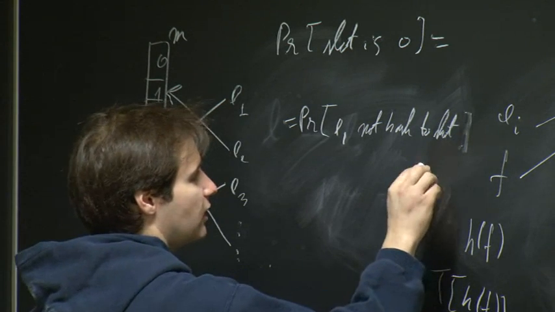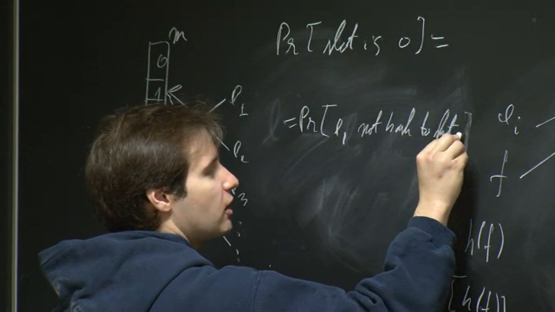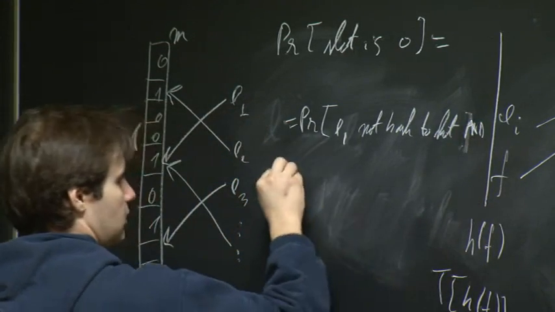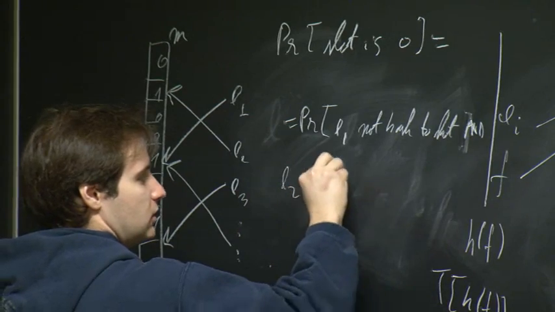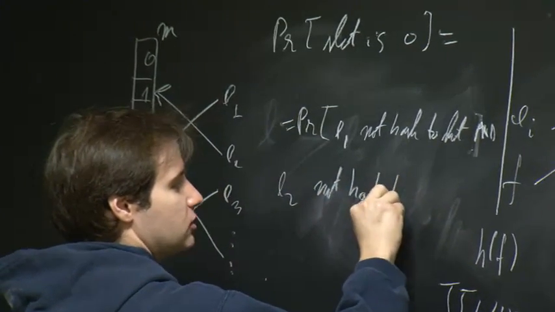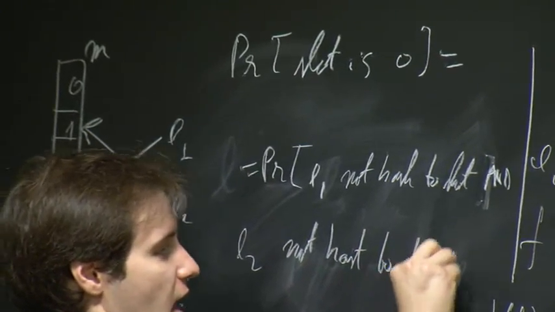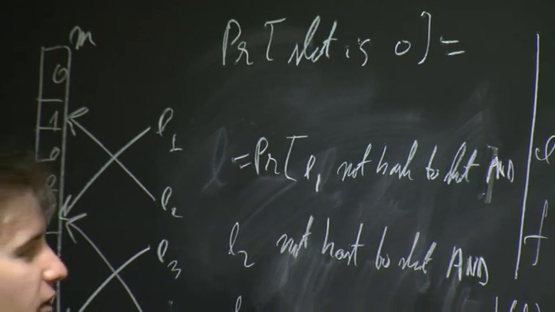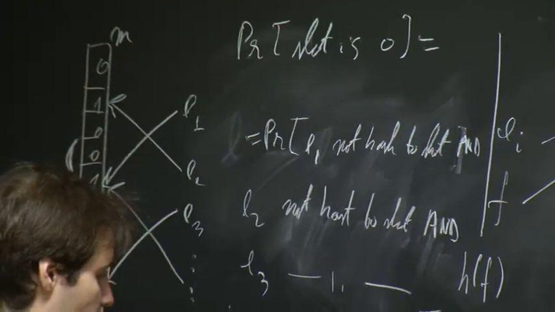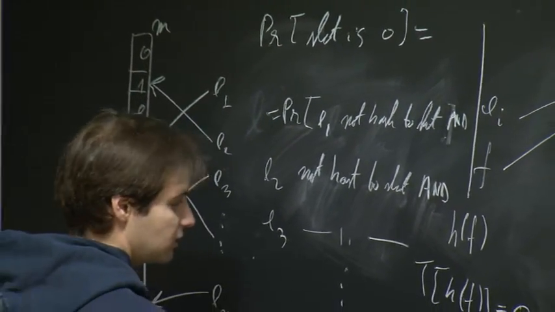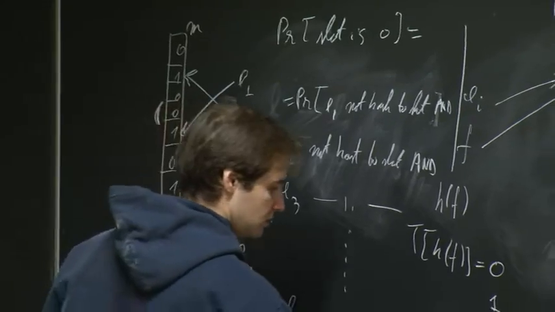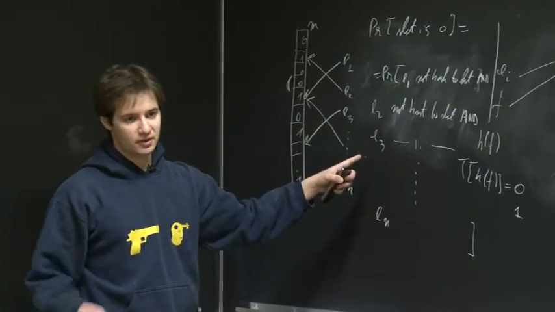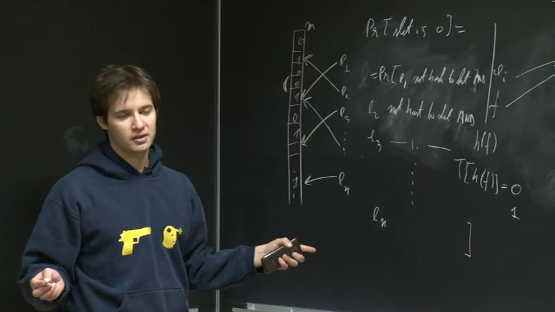So it's the probability that E1 didn't hash to the slot, and E2 didn't hash into the slot, and E3 didn't hash into the slot, so on and so forth, all the way up until En didn't hash to the slot. Does this make sense?